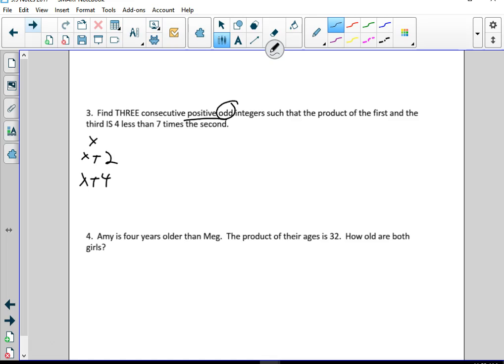It says such that the product of the first and the third is 4 less than 7 times the second.